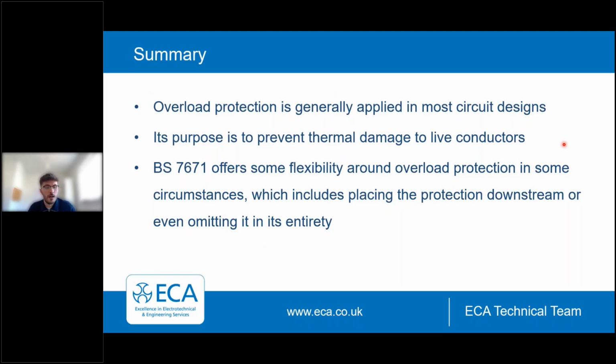However, as we've seen with some of the examples, BS 7671 does offer some flexibility around overload protection in some circumstances, which includes placing protection downstream of where a reduction in current carrying capacity has occurred. So particularly useful where we have busbar chambers, or even omitting it in its entirety, maybe where we have particular loads that are not prone to an overload condition.